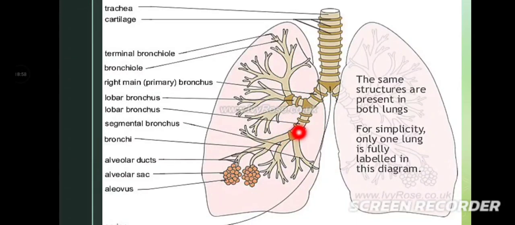Then they divide further to go into the various units, until they form alveolar ducts and alveolar sacs. So this is our tracheobronchial tree. It looks like a tree, hence the name tracheobronchial tree.